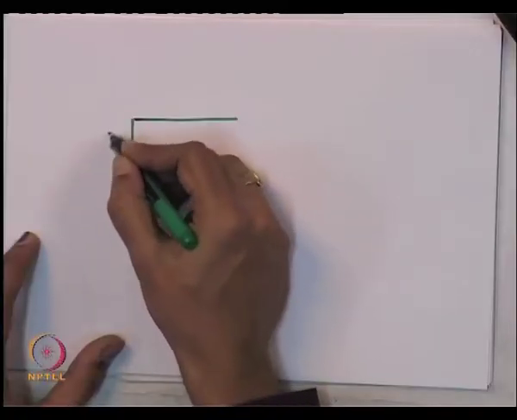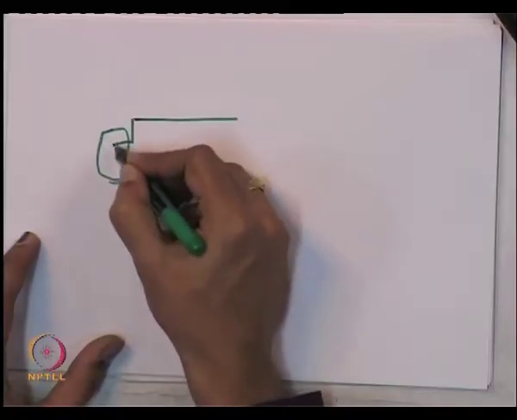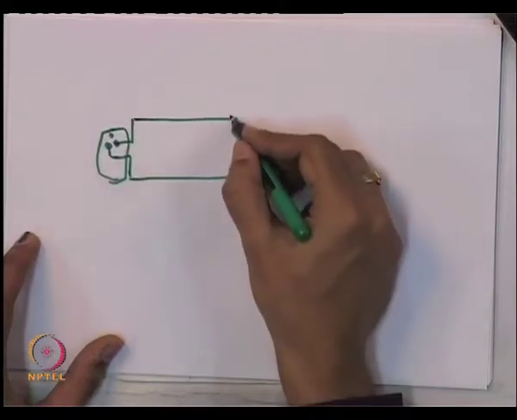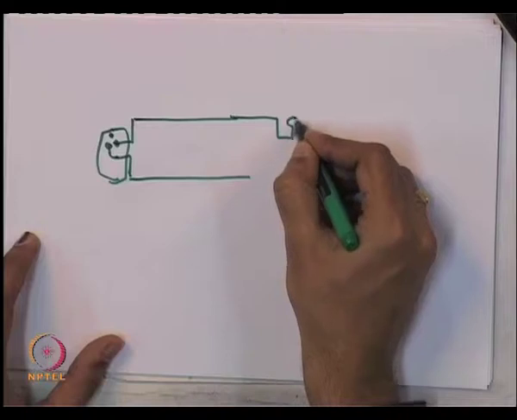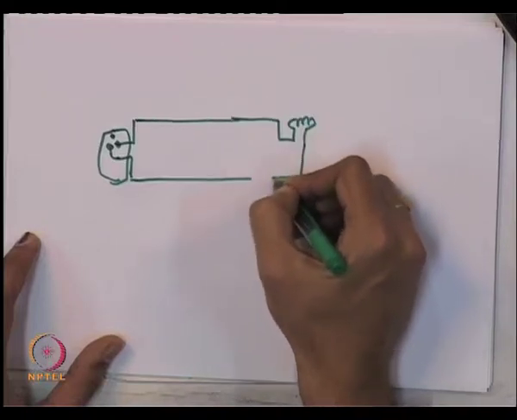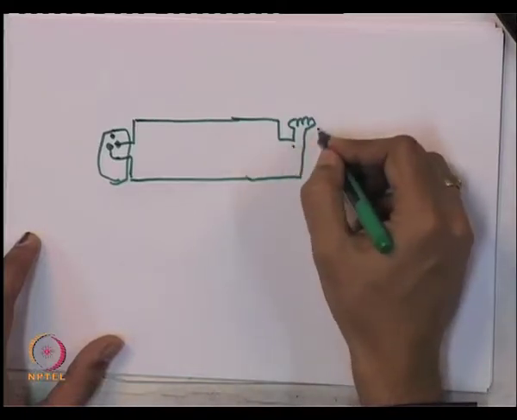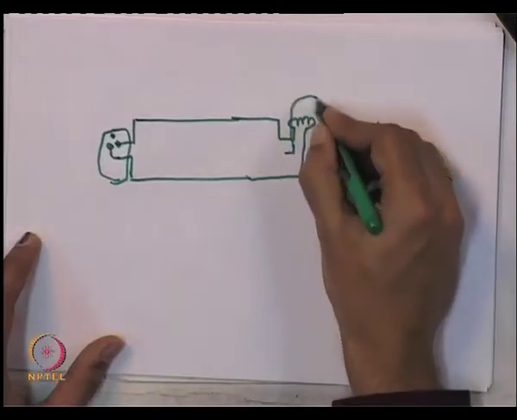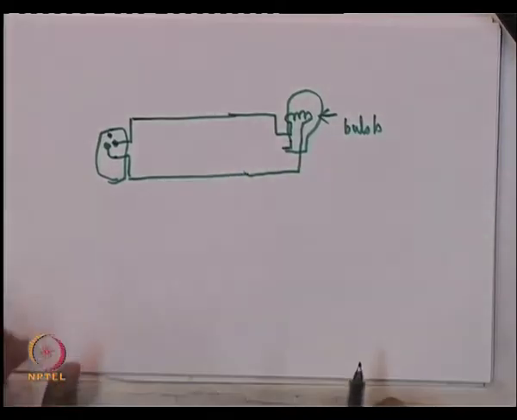For example, you just take a simple case of a bulb connected to the plug and this is a bulb, and the basic point is I want to study how this bulb lights up.